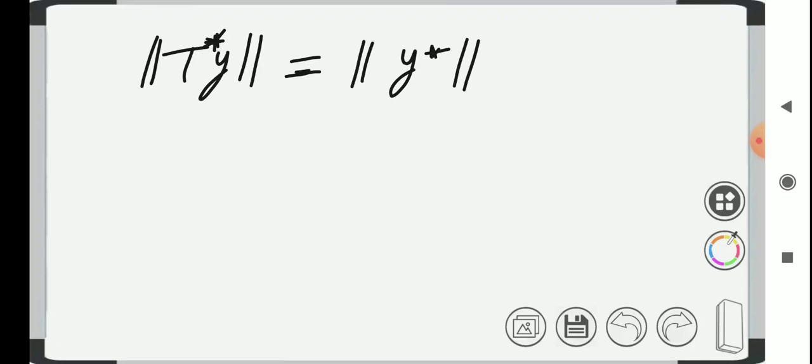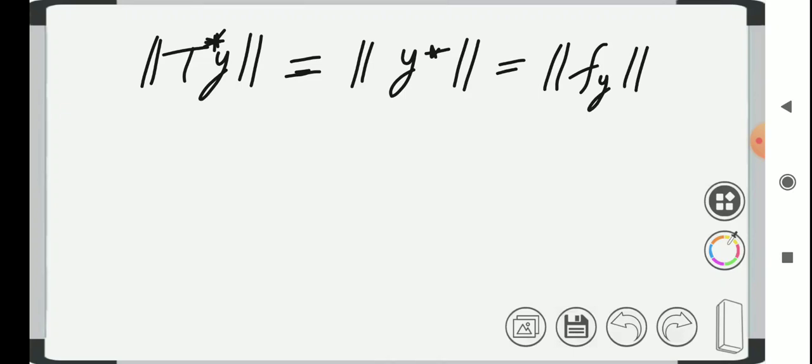And by Riesz representation theorem for bounded linear functionals, corresponding to the element y we got an element y star in Hilbert space H1 whose norm was the same as the norm of the bounded linear functional fy, which was defined corresponding to y. This is by Riesz representation theorem.